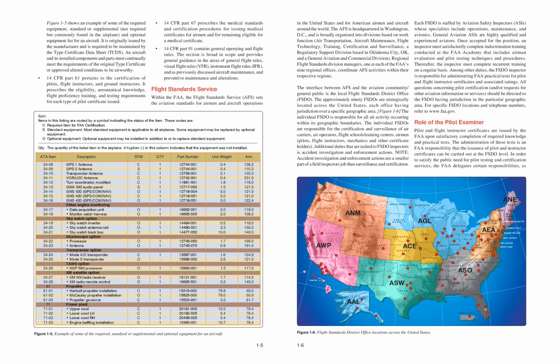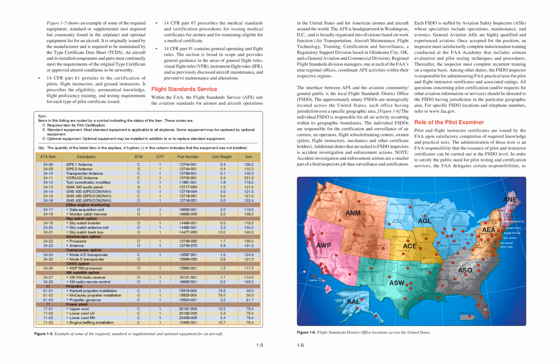Unit weight. 34 to 08, 34 to 09, 34 to 10, 34 to 11, 34 to 12, 34 to 13, 34 to 14, 34 to 15, 34 to 16, 34 to 17, 34 to 18, 34 to 19, 34 to 20, 34 to 21, 34 to 22, 34 to 23, 34 to 24, 34 to 25, 34 to 26, 34 to 27, 34 to 28. 61. 61 to 01, 61 to 02, 61 to 03. 71. 71 to 01, 71 to 02, 71 to 03, 71 to 03.